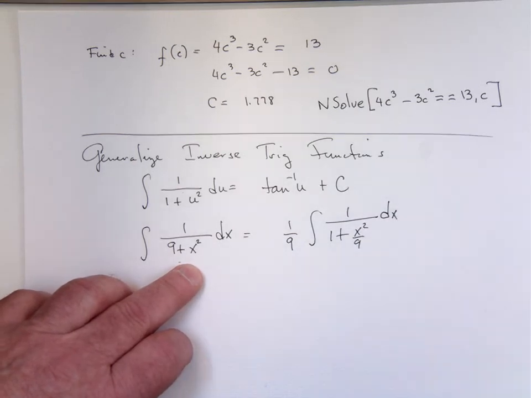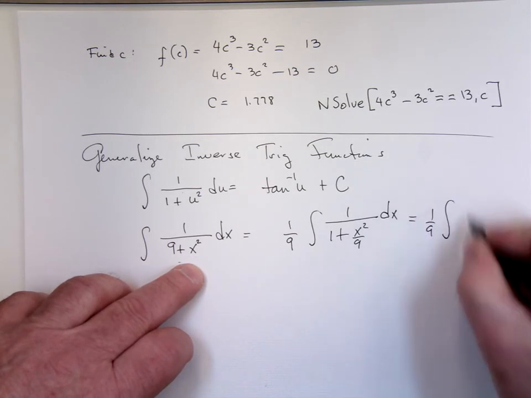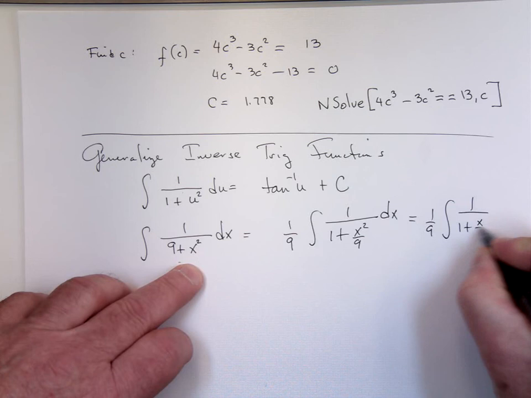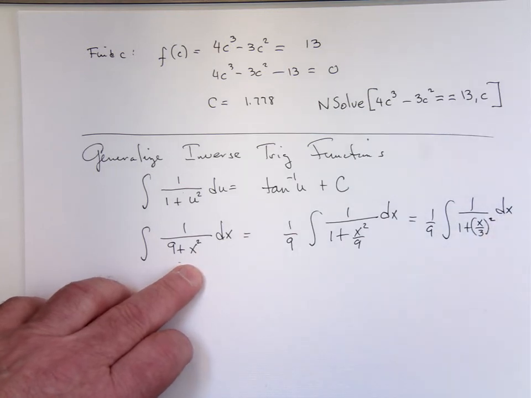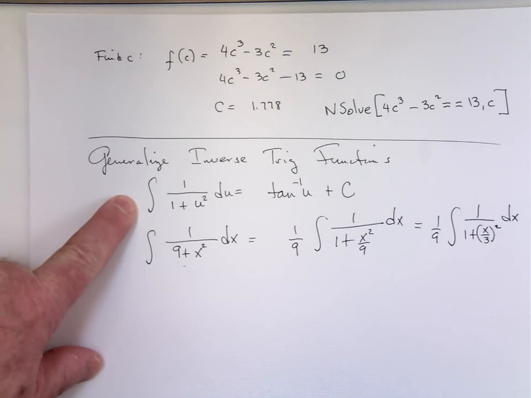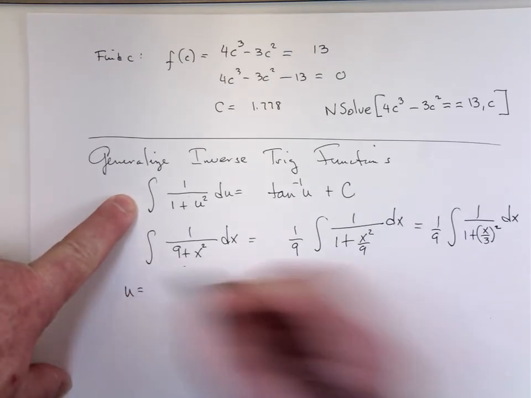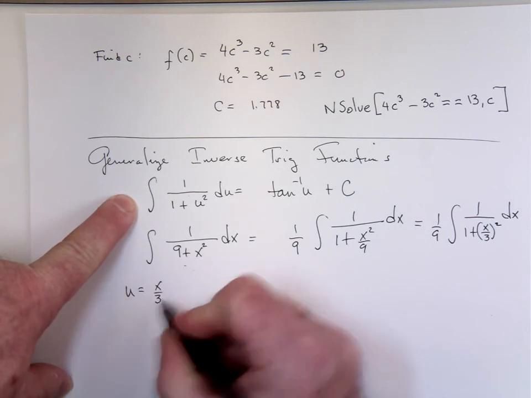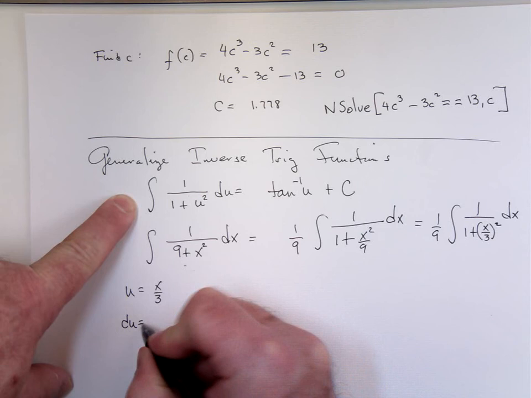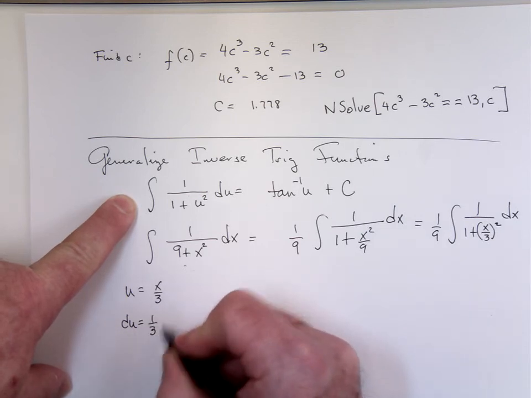Okay. Now, this is 1/9. This is x over 3 squared. Well, that's this form. What's u in this case? X over 3. Very nice. The du then is, du dx is 1/3, so du is 1/3 dx.